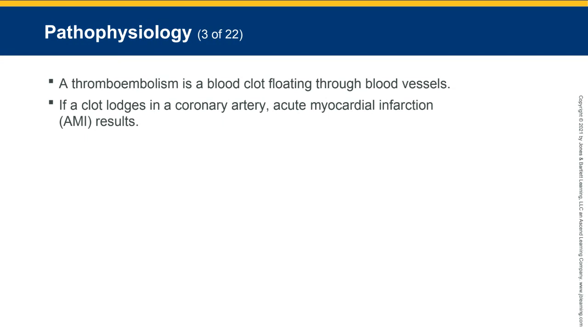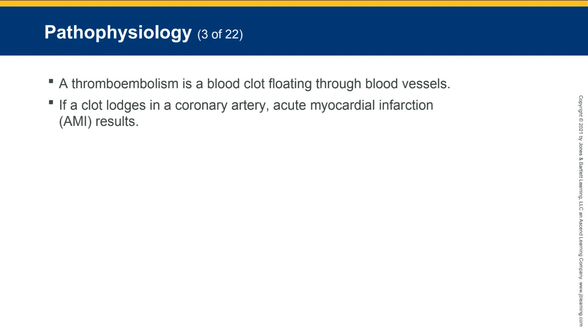An embolus is a clot that forms somewhere else in the body and then travels to a location. So for instance, an embolus forms in the venous system, travels to the right side of the heart into the pulmonary vessels. That's an embolus. But both represent a clot. It's just that one travels and one forms in the area.